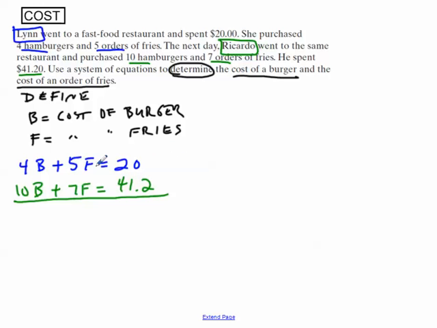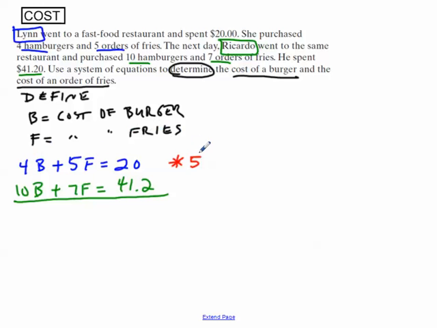There are a couple of different ways you could do this, but we try to use as small and simple numbers as possible. So I'm going to multiply this one by 5, because I'm going to try to eliminate this variable.